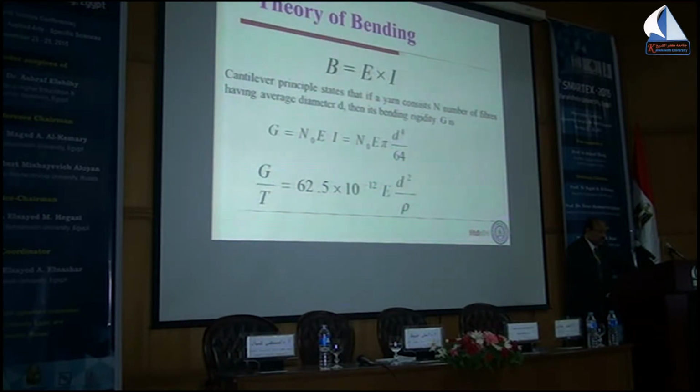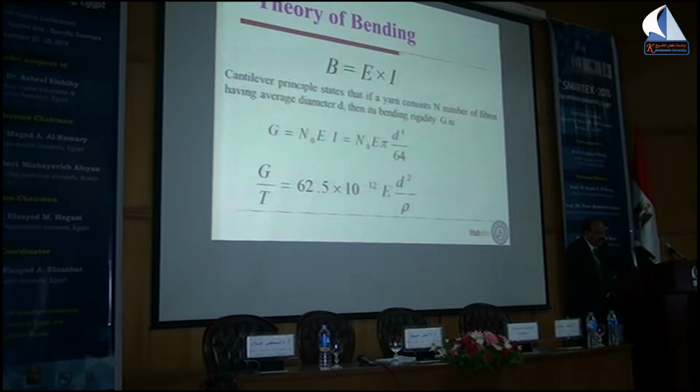Also, the other mechanical property, the bending rigidity of the fiber, is very highly influenced by the shape factor. And why do we take the bending rigidity? As you know, if you look at the contribution of different mechanical properties to the fabric hand value, bending plays an important role.